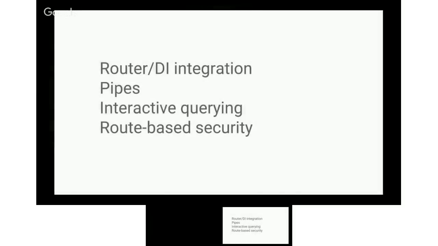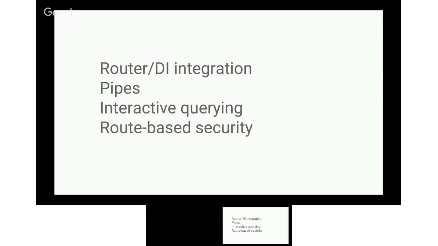So we actually have a lot of things. We want to be able to integrate the router with dependency injection. So a lot of these, you can inject users so they're available as soon as your component shows up. It's similar to the resolve object in the current router. And then we also want to expand more into pipes. So we use the async pipe, but we're considering making our own pipe to make some of that a lot more streamlined.